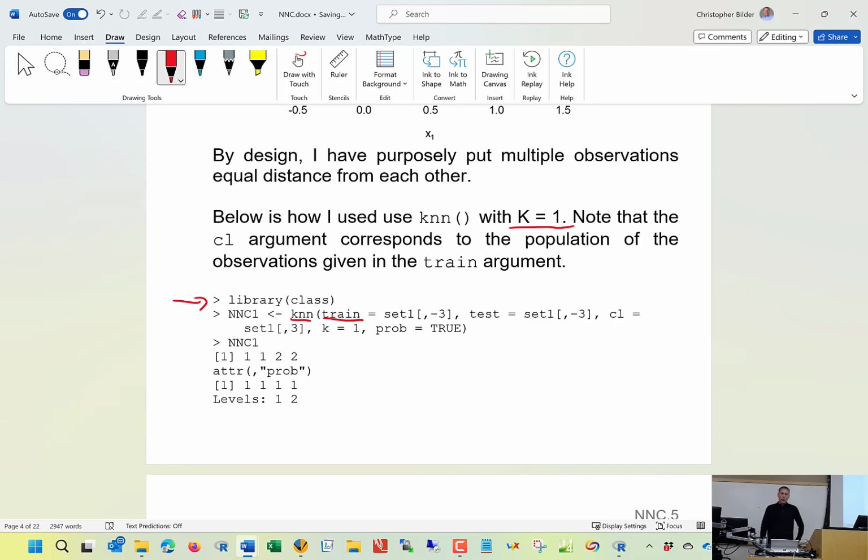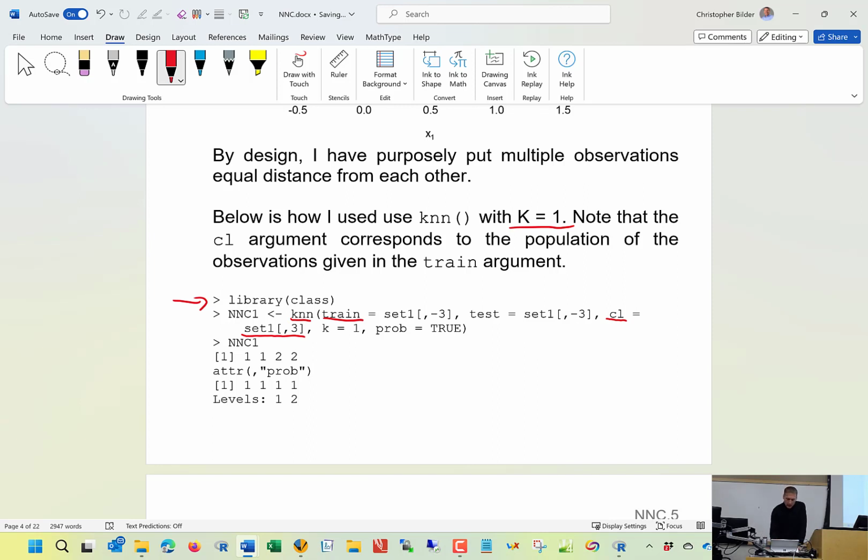So I put set1 there. I remove that 3rd column because that says what the group of the observation is. For the cl argument, that stands for classification. In other words, what was the original group for the data? This is then where I say, let's take that 3rd column out of set1 and use that.